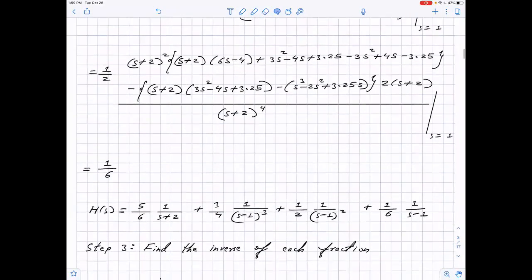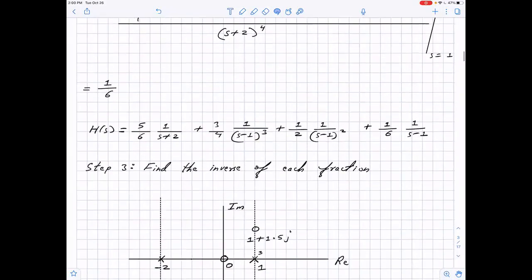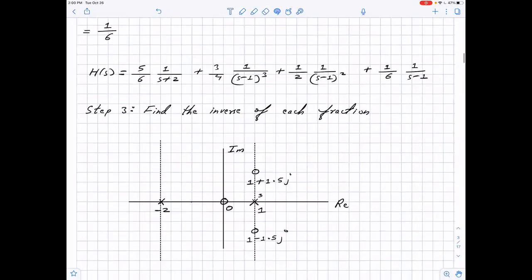The next step is to find the inverse of each fraction. To find the inverse, we also need to know the ROC associated with each term. And the original pole zero plot given to us was this. And we're also told that the system is stable.